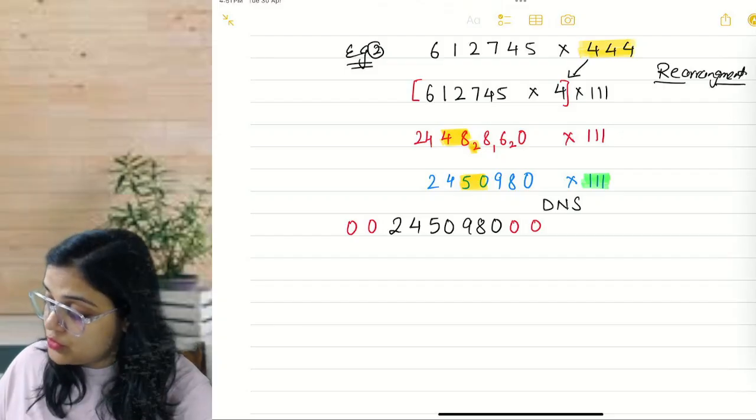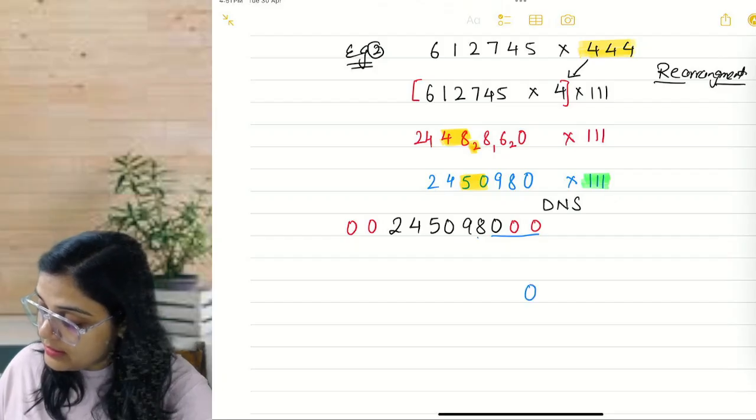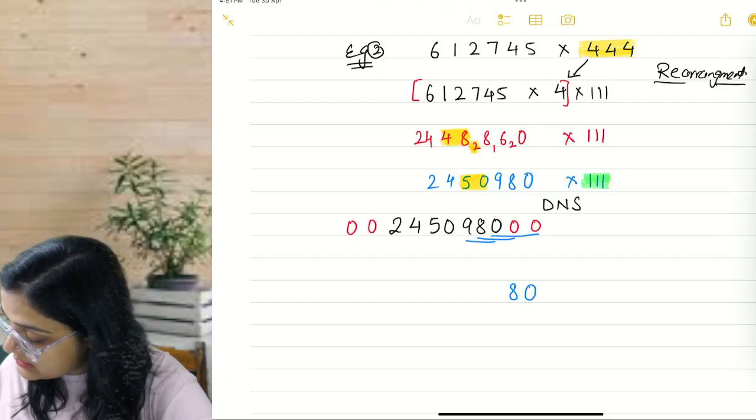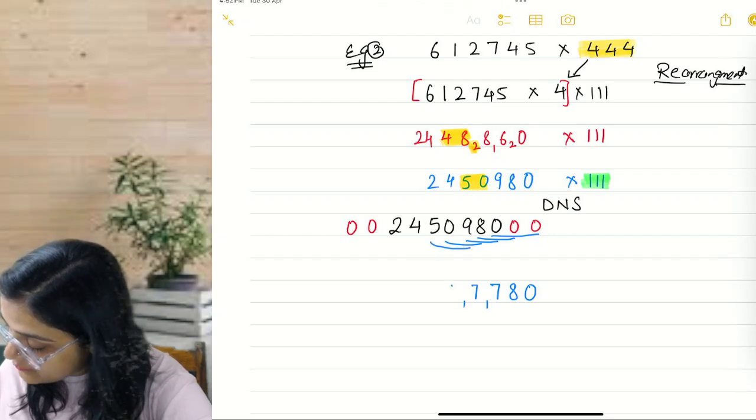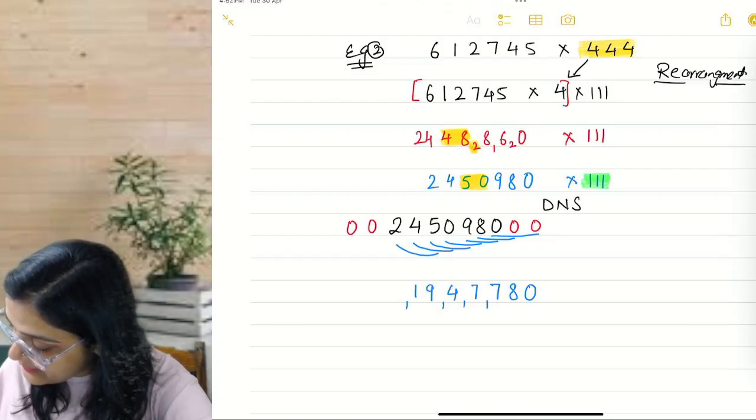Alright. So adding triple zeros will give you 0. This is 8. This is 17. This is again 17. This is 14. This is 9. This is 11.